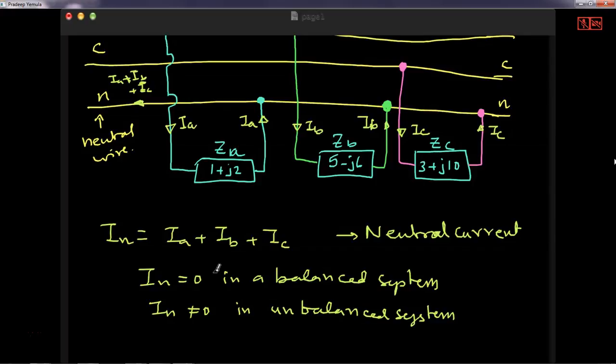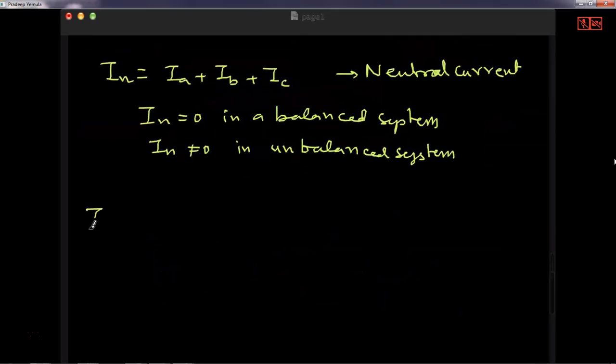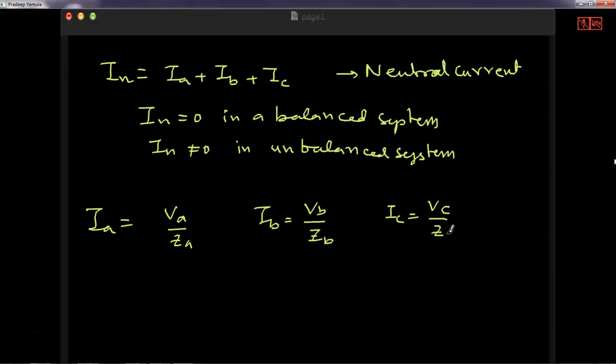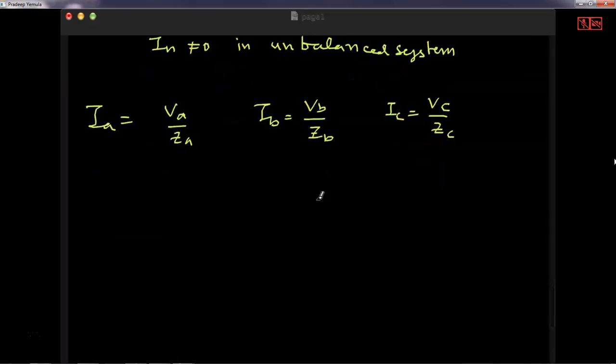So let's do it. So how do you find IA current? So IA is nothing but VA by ZA, IB is nothing but VB by ZB, and finally IC is nothing but VC by ZC. So like this we can do it. Or if I put it in matrix form, so VA, VB, VC.